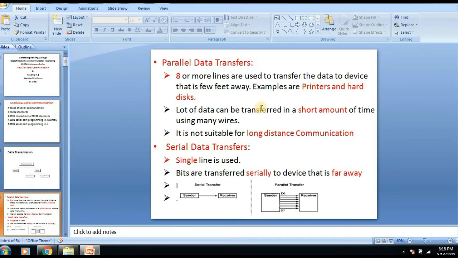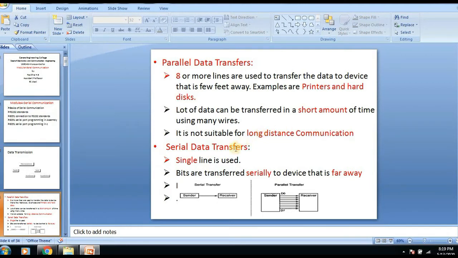In parallel data transfer, a lot of data can be transferred in a short amount of time using many wires, but it is suitable only for short distance communication, not for long distance communication, because when we use it for long distance communication, there are more chances of losing the data.